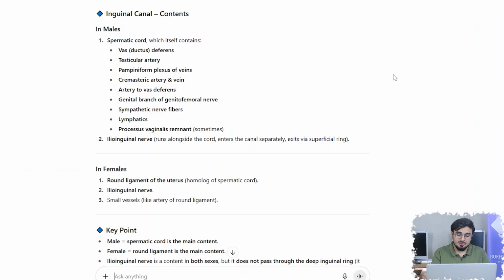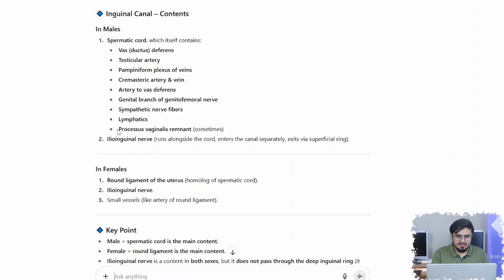The nerves associated with the inguinal canal are two. The first one is the genital branch of genitofemoral nerve, which is actually present inside the spermatic cord. The second important nerve is the ilioinguinal nerve. It is present in the inguinal canal, but it does not make its way through the spermatic cord. That's a key point that is very much liked by examiners to test.